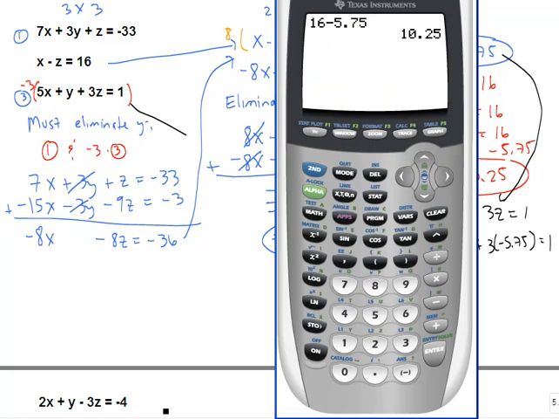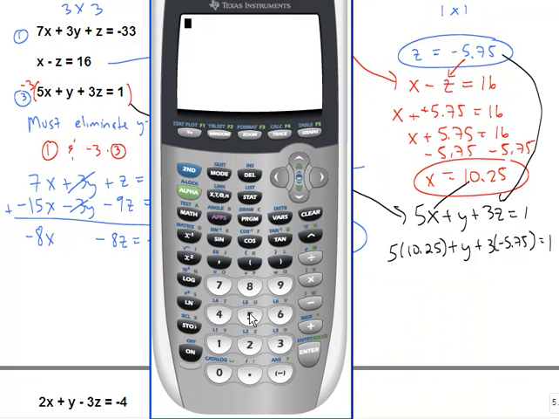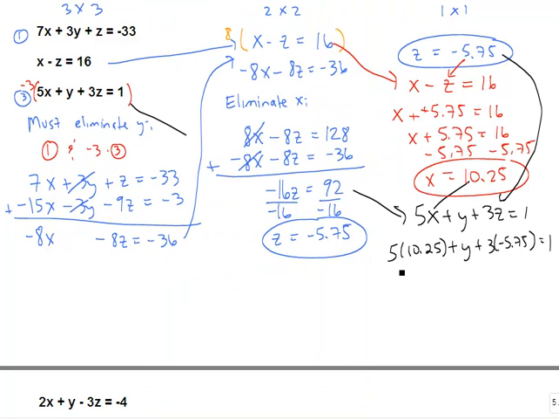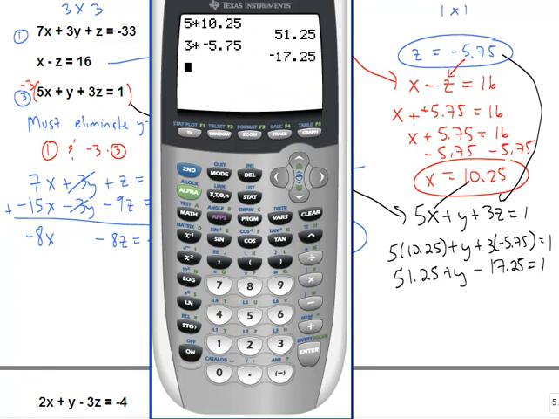So if we do 5 times 10.25, we get 51.25, and 3 times negative 5.75 is negative 17.25. So this is going to be 51.25 plus y minus 17.25 equals 1.